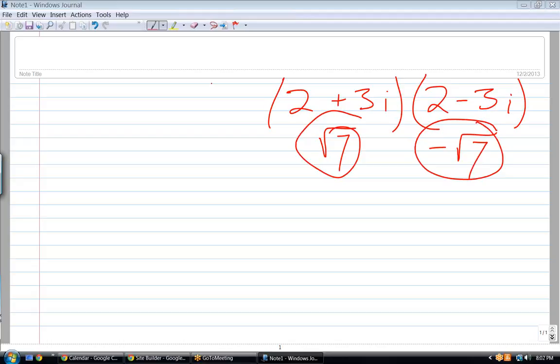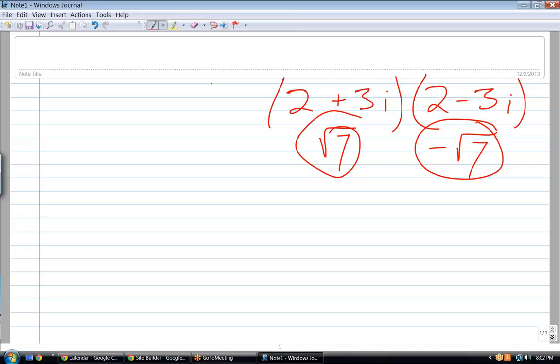Now, do we have to find the polynomial or just all 4 solutions? Just the solutions. Okay. To get the polynomial, we would take x minus this times x minus this times x minus this times x minus that. That would give us the 4th degree polynomial.